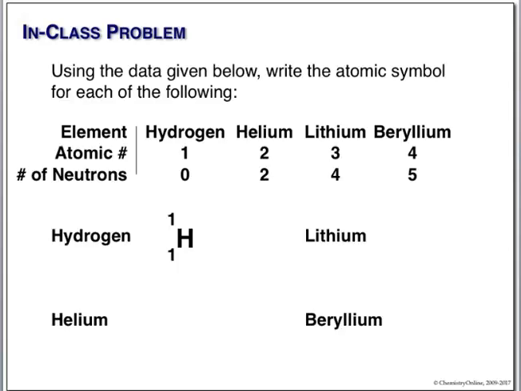Go ahead and do lithium. Lithium is here. It has an atomic number of 3, and it has 4 neutrons. The symbol for lithium, right over here, is Li.